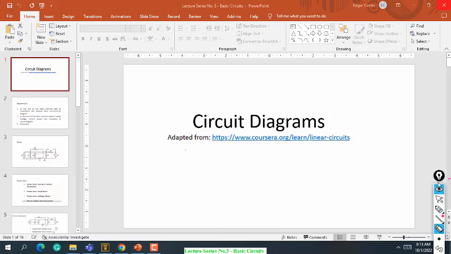So we introduced the formula to compute the resistance of a material: R equals rho L over A. Rho is the resistivity of the material that is given, and each material has different resistivity. L is the length of the conductor or wire, divided by the cross-sectional area of the material.